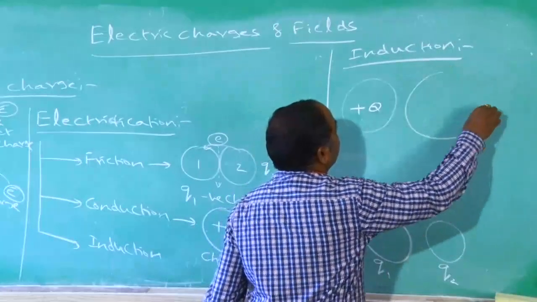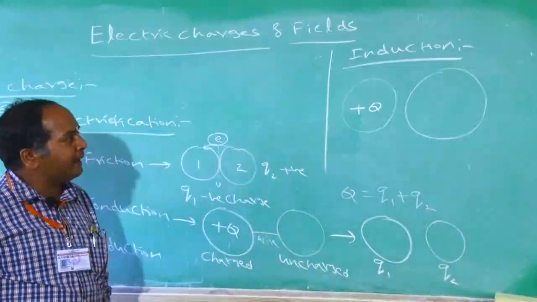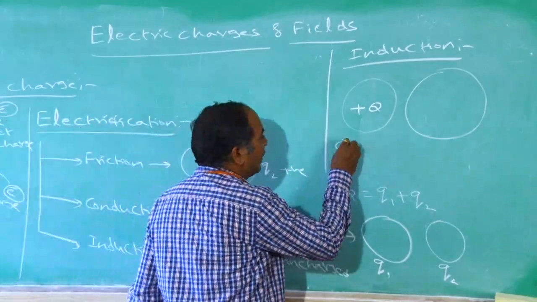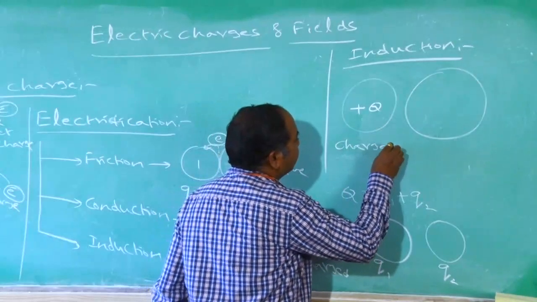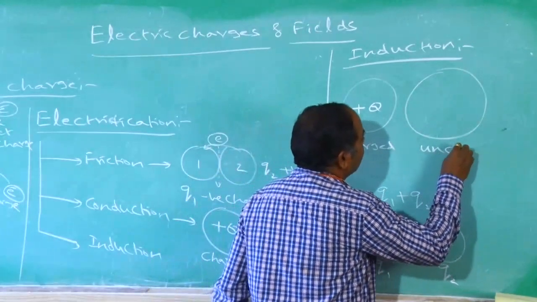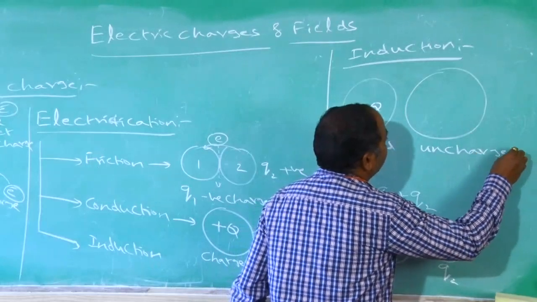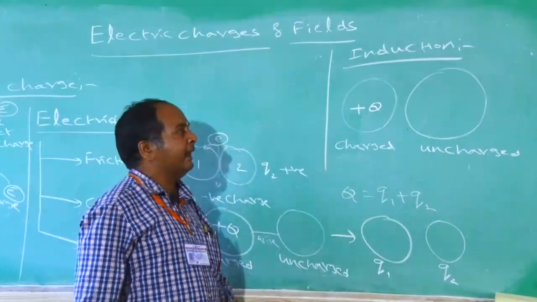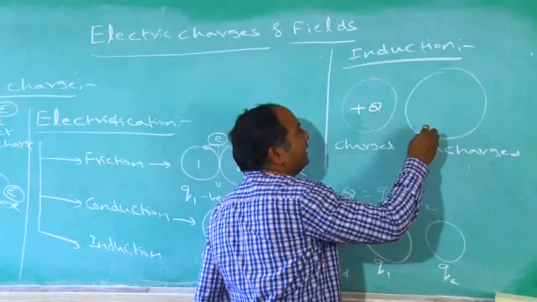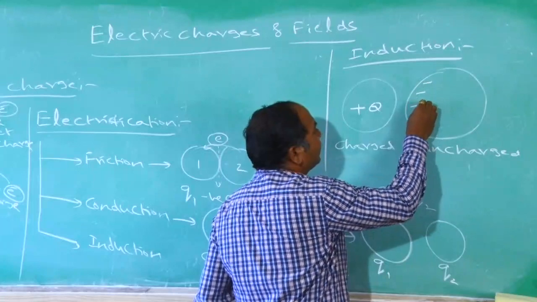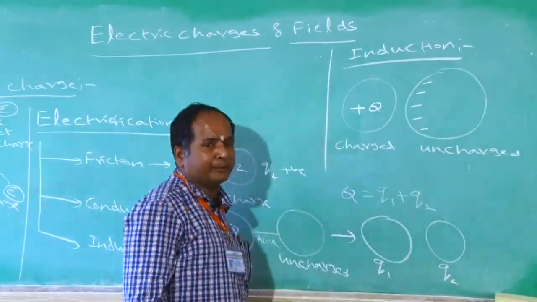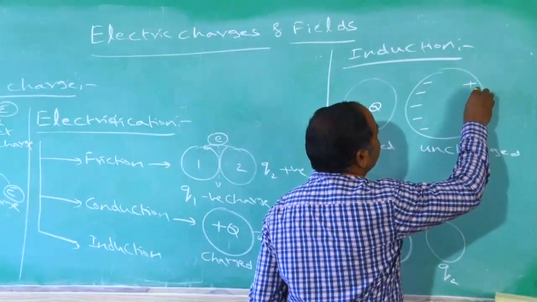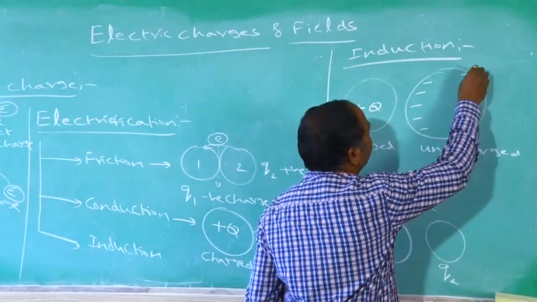If any uncharged body is brought nearer to the charged body, then at the nearer surface the unlike charge is said to be induced, and at the farther side the similar charge is induced.